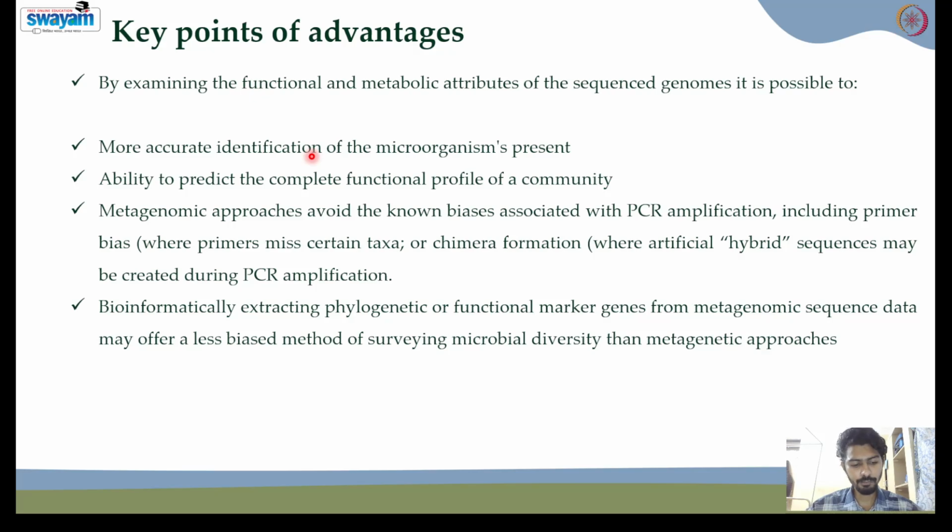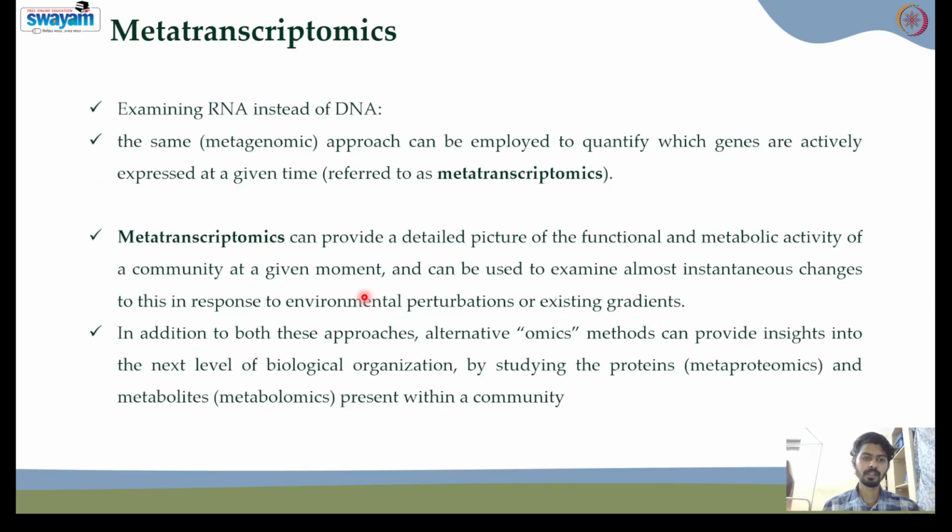With bioinformatics and metagenomics, it can extract the most important genes, which help us tell about their evolution or function, such as what antibiotic resistant genes are present, what functional markers are present, taxonomic markers, etc. So these are all the key advantages of going for metagenomics.